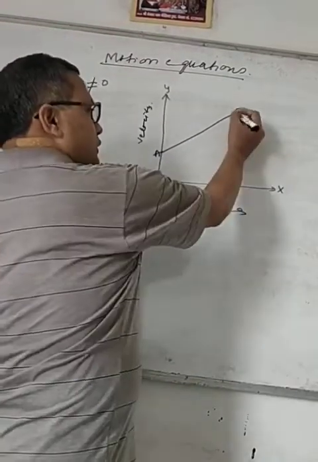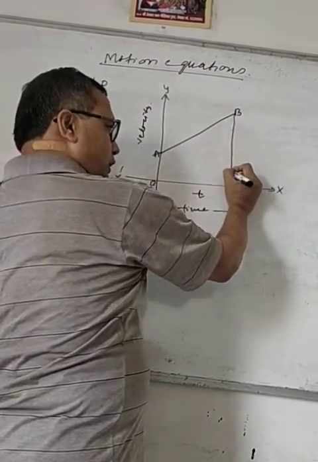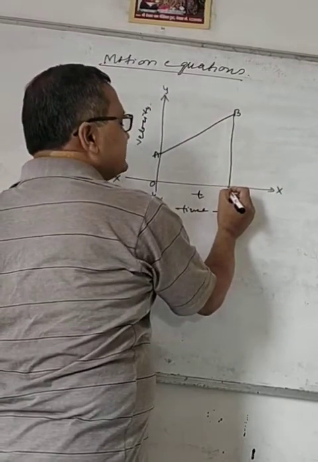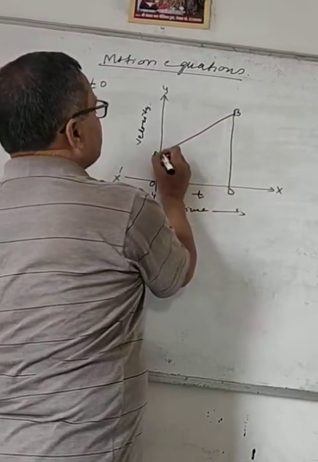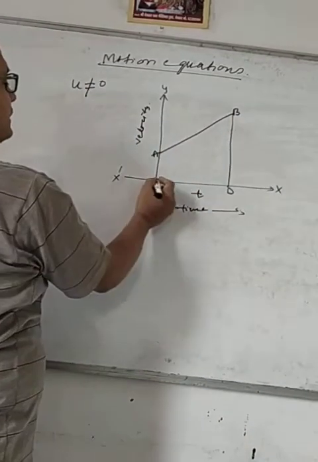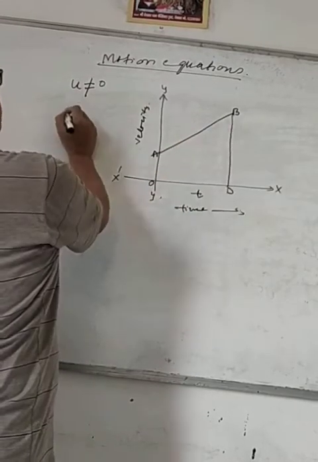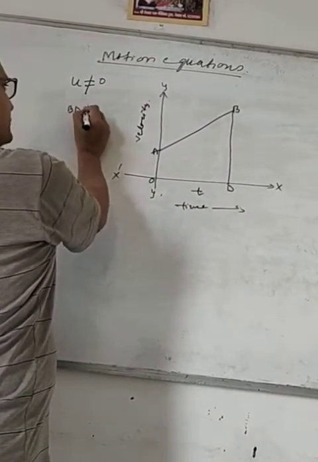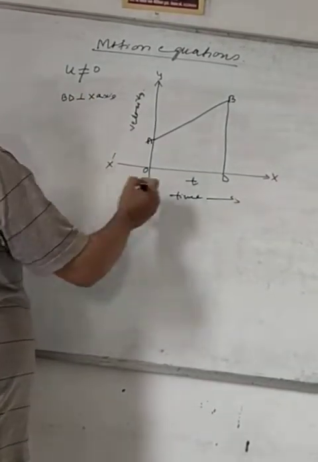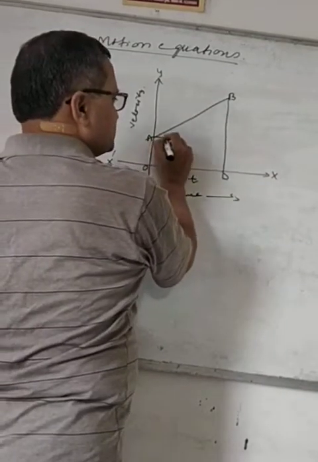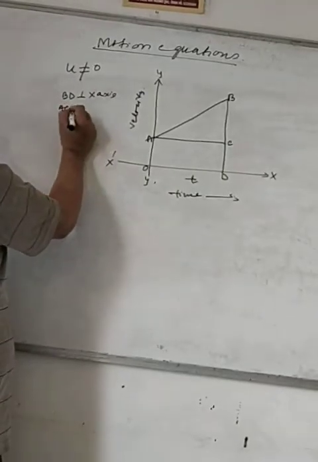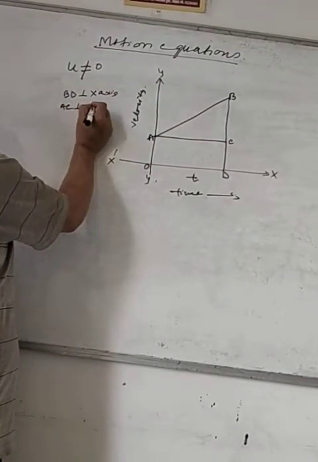Construction: draw a perpendicular on the x-axis, which gives the point D. From B draw BD perpendicular on the x-axis, and from A draw AC perpendicular on BD.